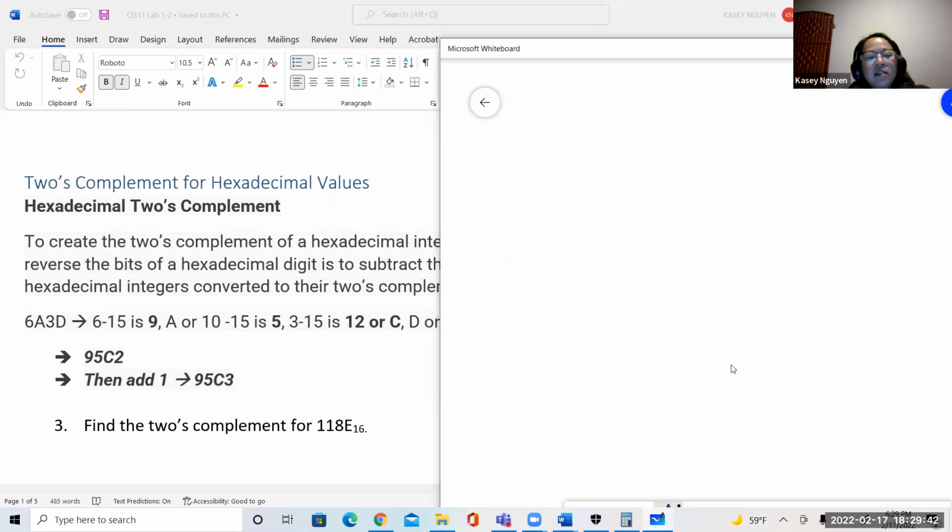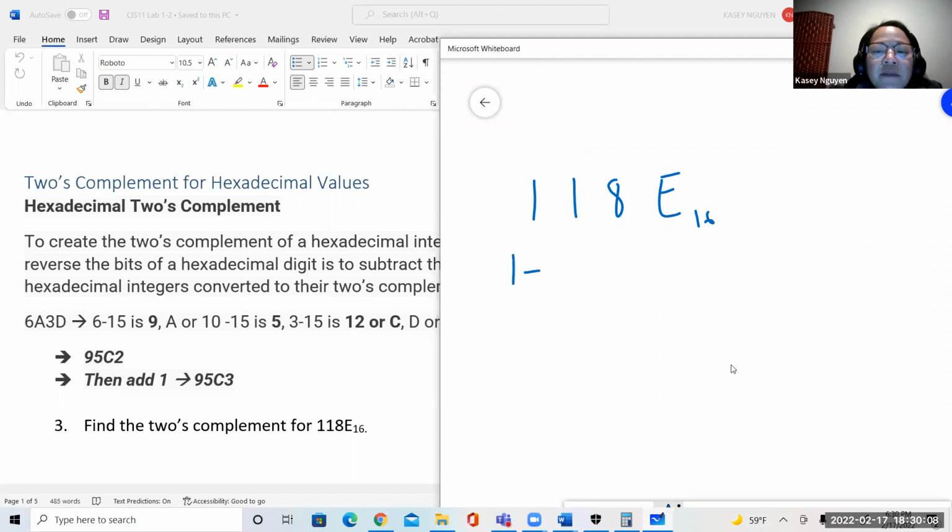Okay, so let's do number 3. Number 3 tells us that we have a hex value that is 1, 1, 8, and E. It's base 16, and we need to find the 2's complement. So for the 1's complement, we take each digit and find the difference between that digit and 15.